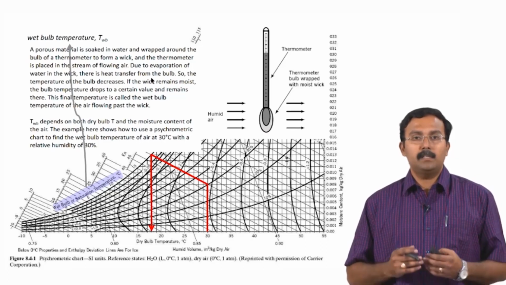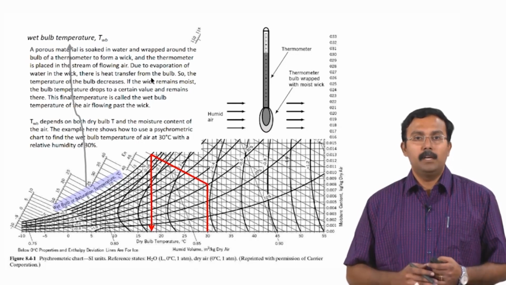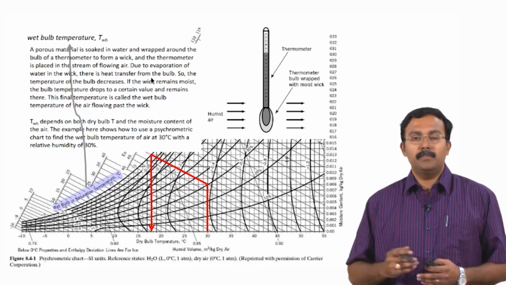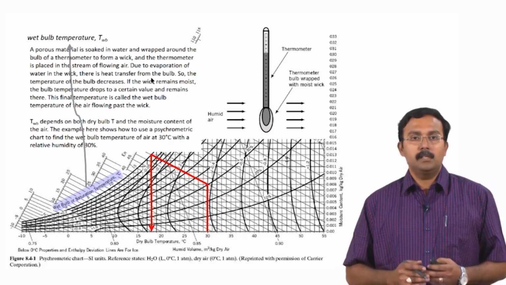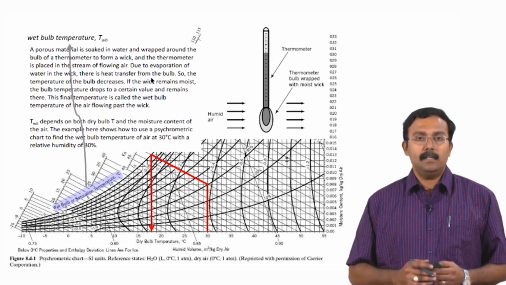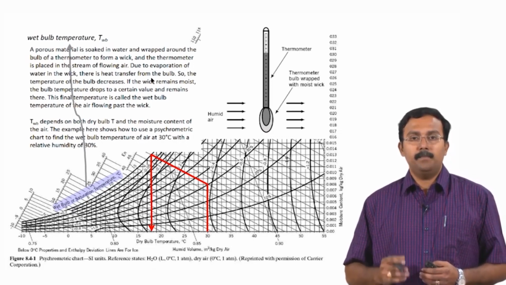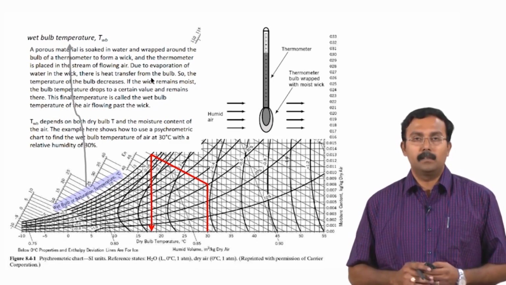Due to evaporation of water in the wick, there is heat transfer from the bulb, so the temperature of the bulb decreases. If the wick remains moist, the bulb temperature drops to a certain value and remains there. This final temperature is called the wet bulb temperature of the air flowing past the wick.